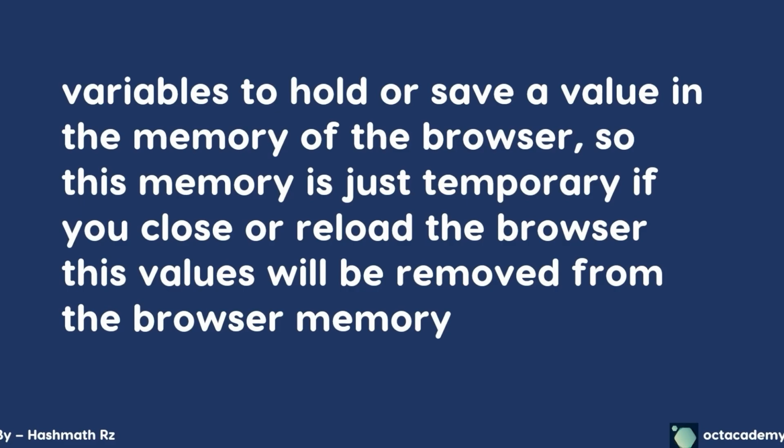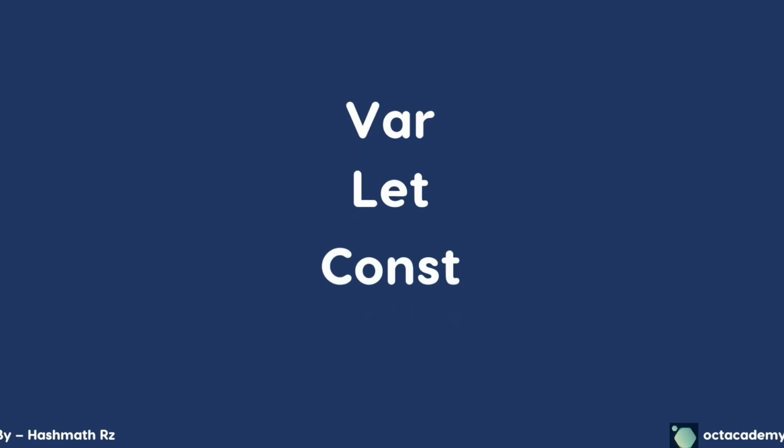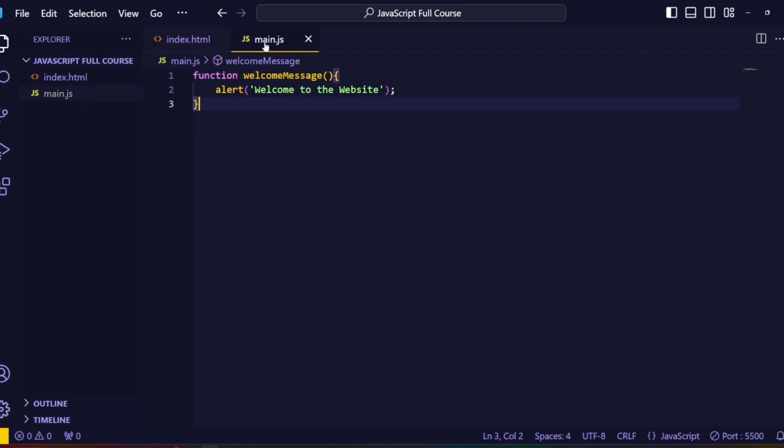Now let's see how to create a variable in JavaScript. In order to create a variable in JavaScript, we have three keywords: var, let, and const. So let's see this in action. As I said earlier, from now on I will use this separate JavaScript file for this tutorial. So open this. Inside this we can create the JavaScript variables.